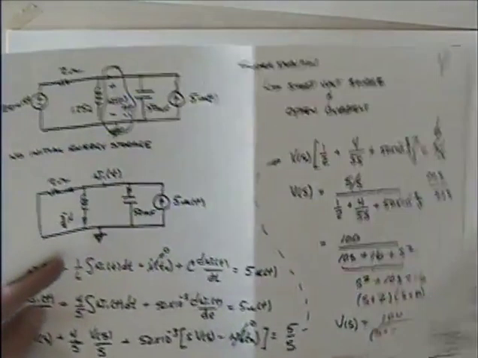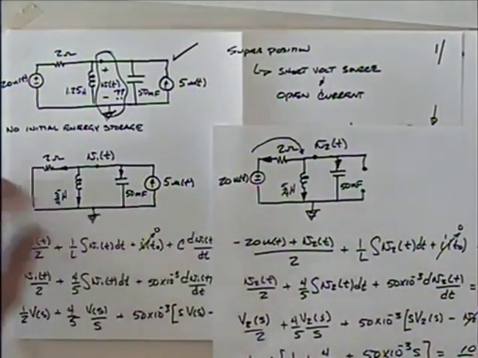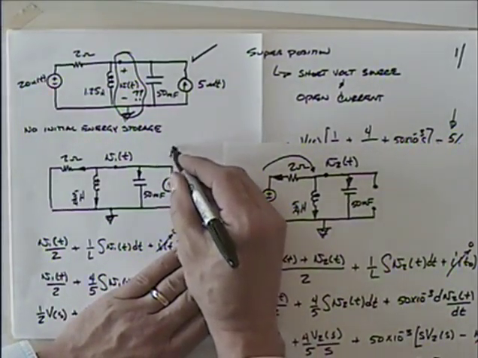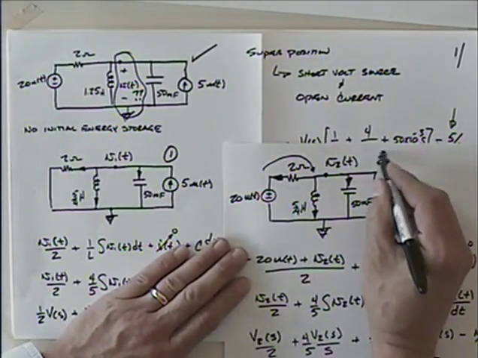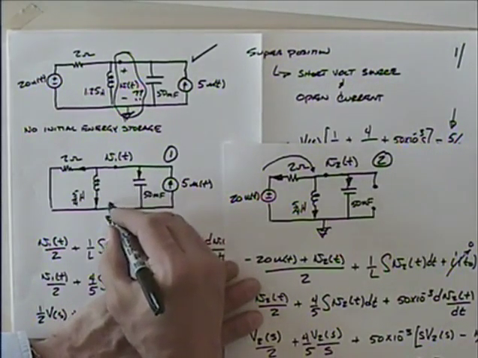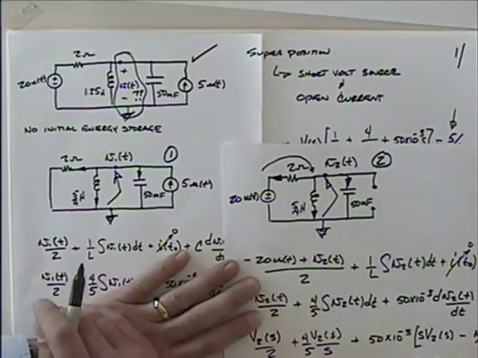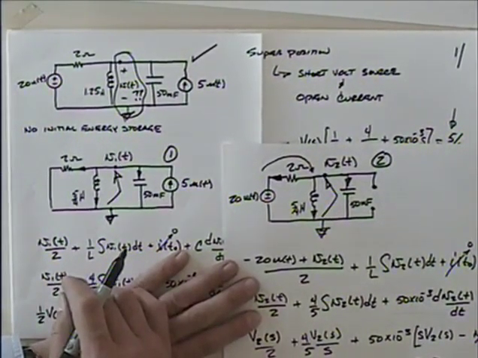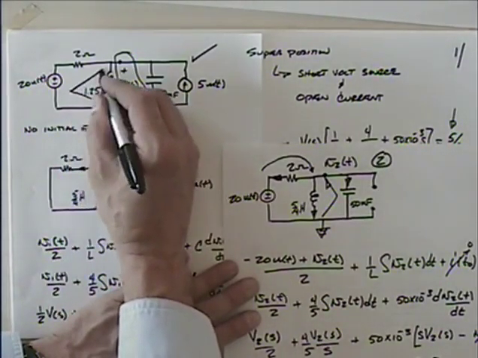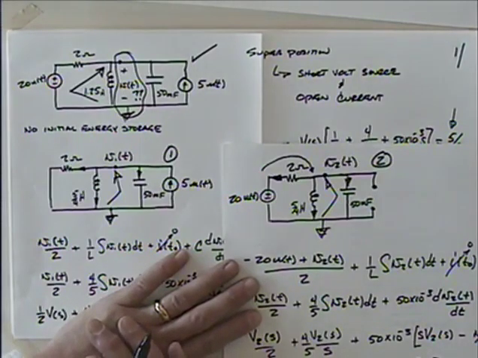So here was our given problem right here, right? And I said that that was equal to essentially this one and this circuit superimposed on each other. So I solved this one for the voltage across there, and I solved this one for the voltage across there, and when I superimposed those on each other with superposition, I added the voltages together, and that got me the voltage across that inductor or the voltage across the capacitor, either one.